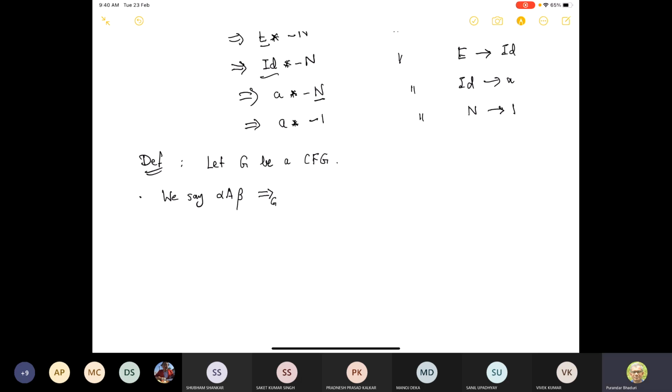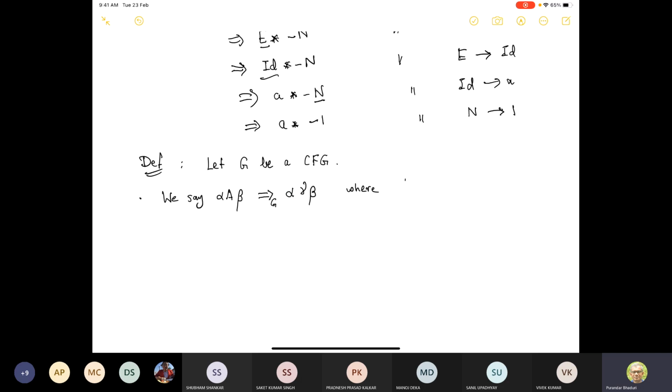We'll use this symbol, and we'll often drop G from this subscript when the grammar is clear from the context. Alpha, gamma, beta, where A is, of course, a variable.